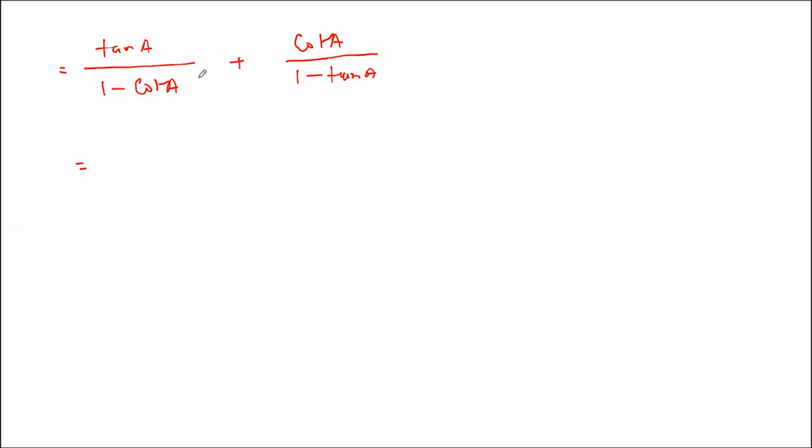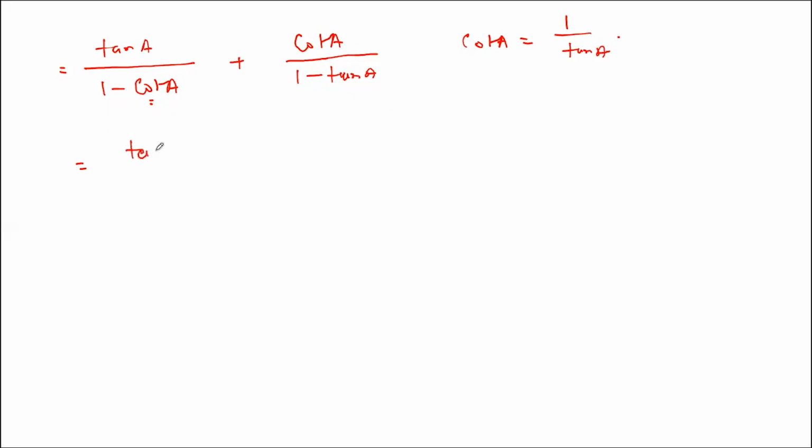So it's better if we want to solve this in the form of either tan or cot. So just convert each and every cot as tan. We know the formula for cot A is equal to 1 by tan A, right?